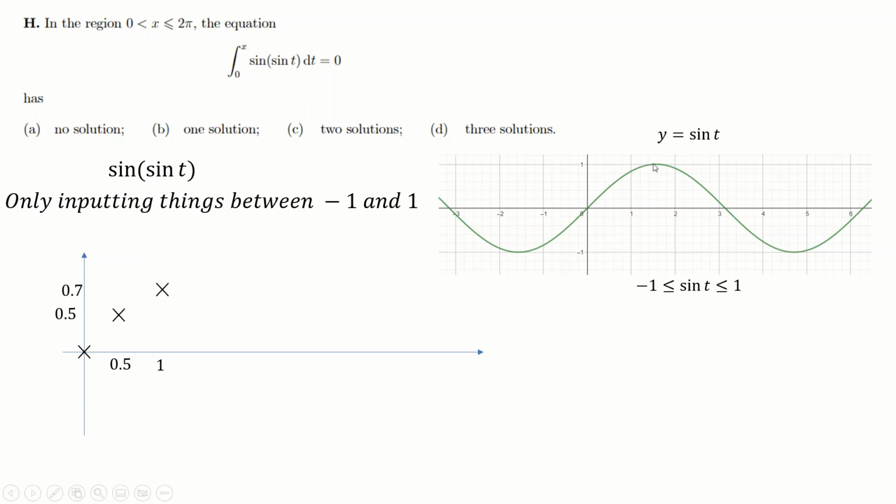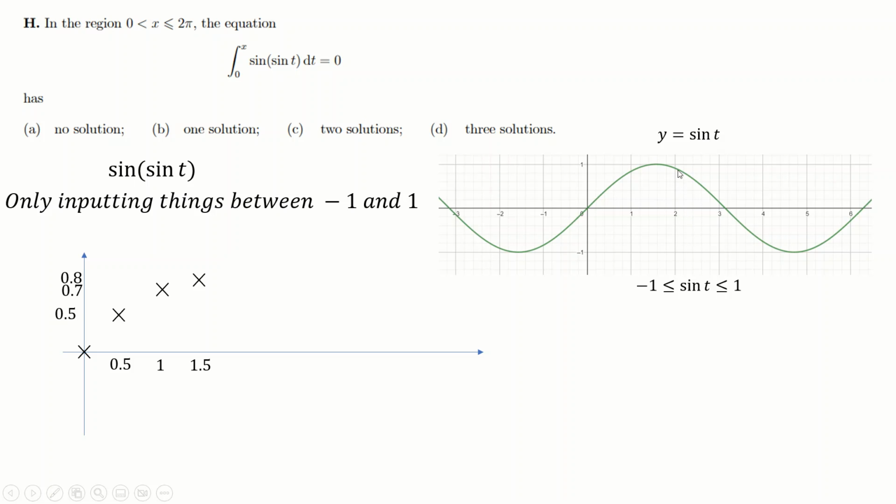And now I can input, well, I know it's pi over 2, but I could just call it 1.5, just fully leaning into the engineer mode. So if I put t as 1.5, I get 1 out. Sine of pi over 2 is 1, right? And then I do sine of 1, and sine of 1 is about 0.8, as I just said. So it peaks at 0.8. Notice that's the peak, because that's the biggest thing I'm going to input into the sine.